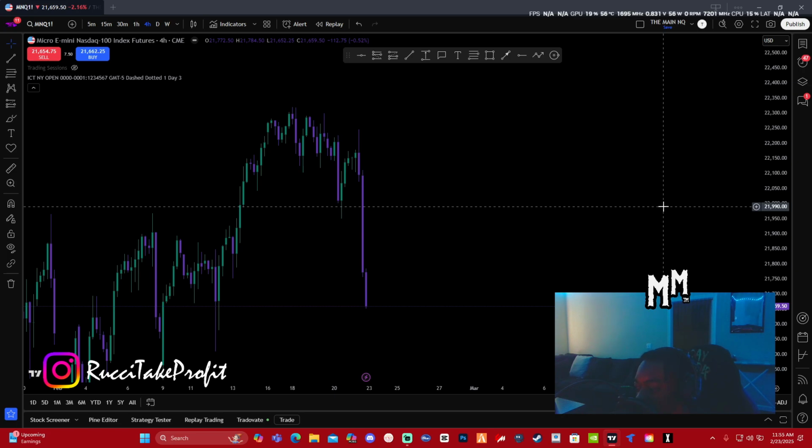And when you spot the difference, it's a good indicator that price is either gonna drop down or shoot up.